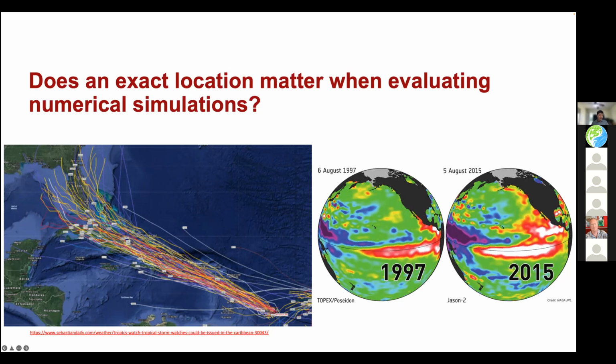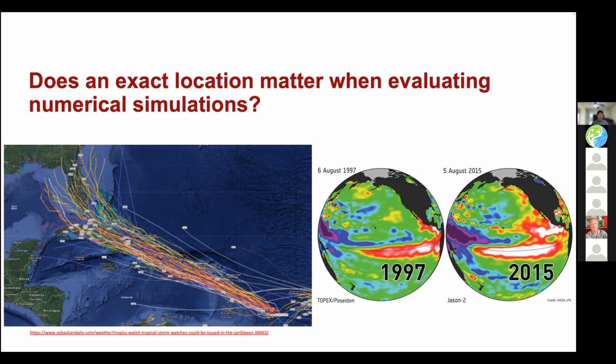The location of the so-called warm pool changes in every El Nino. But what we all know is that both of these are El Nino patterns.